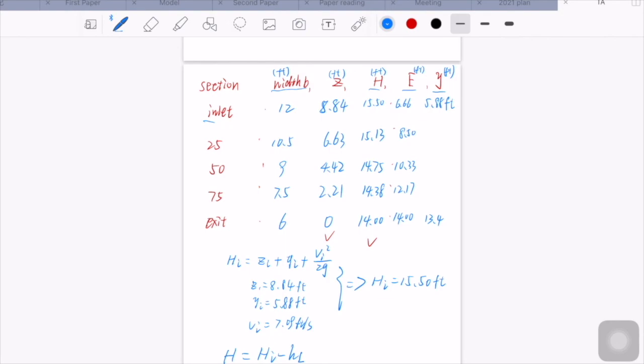And for the other sections the values are 7.94, 9.80, 11.70. So now we have done this problem.